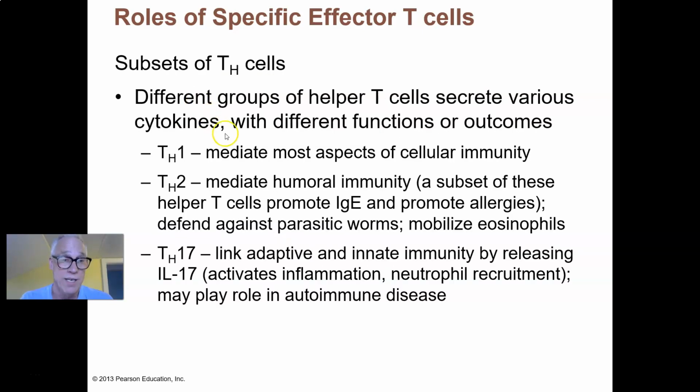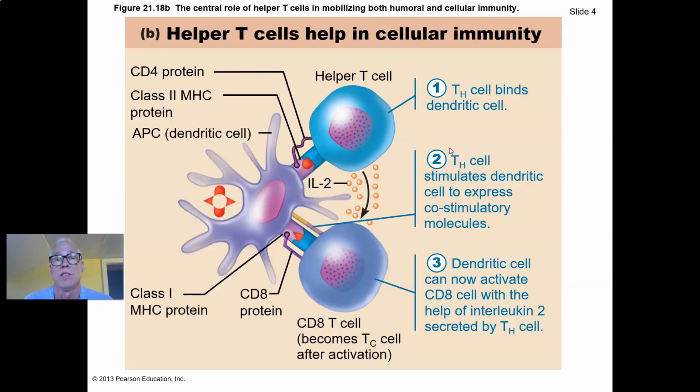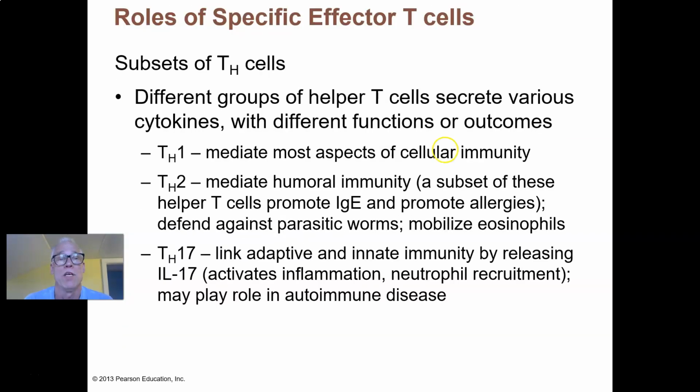Not all helper T cells are the same. They have different names based on the type of cytokine they secrete, and the type of cytokine they secrete determines what kind of process they help with. Some helper T cells release cytokines that mainly activate cellular immunity, like we saw in this diagram. Some mainly activate B cells for humoral immunity.